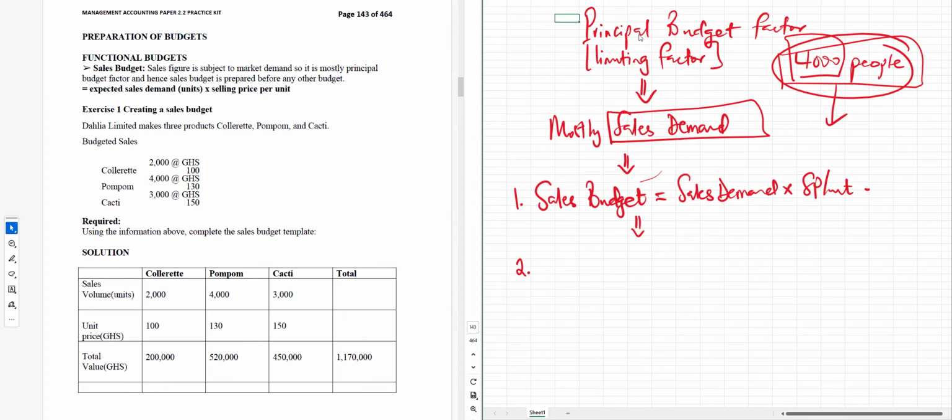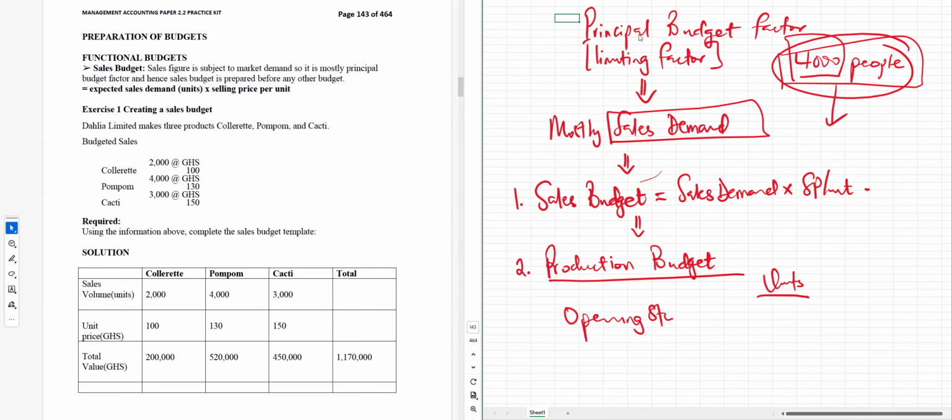You remember that if we are doing production, let me explain something to you. I'll show you a simple way. Usually when we are producing in units, we ask ourselves, do we have any opening stock of inventory? Do you remember?